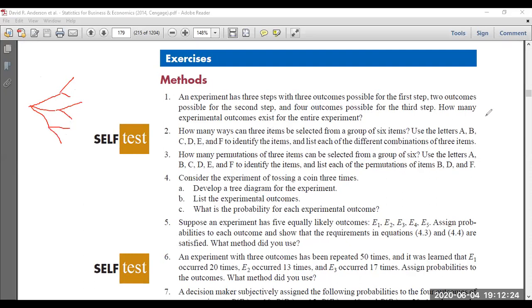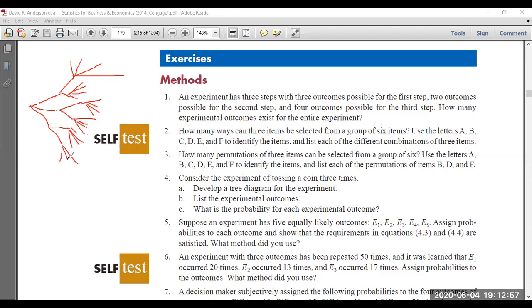And then finally, 4 for the third. So from each branch, a further 4. It's like 1, 2, 3, 4, similarly 1, 2, 3, 4, and so on and so forth.